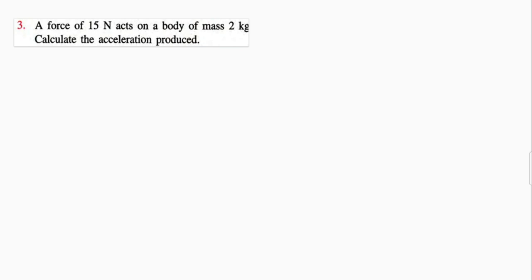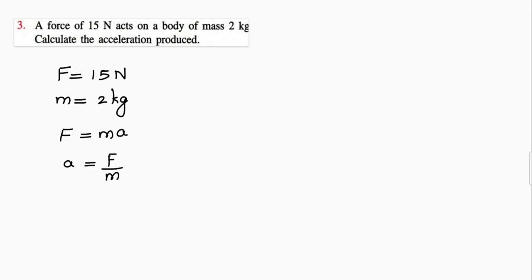Question number 3. A force of 15 Newton acts on a body of mass 2 kg. Now this time we have to calculate the acceleration. So let's write the data. Force is 15 newtons, mass is 2 kg, hence acceleration will be equal to F upon m. Substitute the values, and that is 7.5 meters per second square.